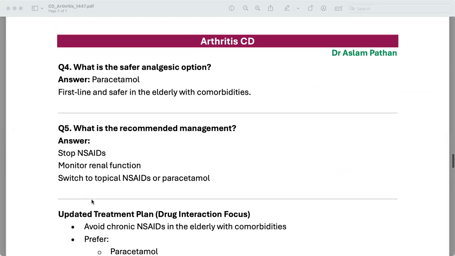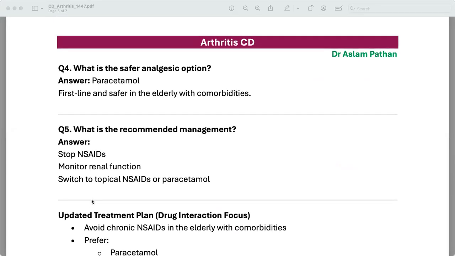Now, these three drugs are most commonly used drugs, and if they cause the triple whammy, what is the safer analgesic option? So paracetamol, because as we discussed in the earlier case, the age is more than 65.